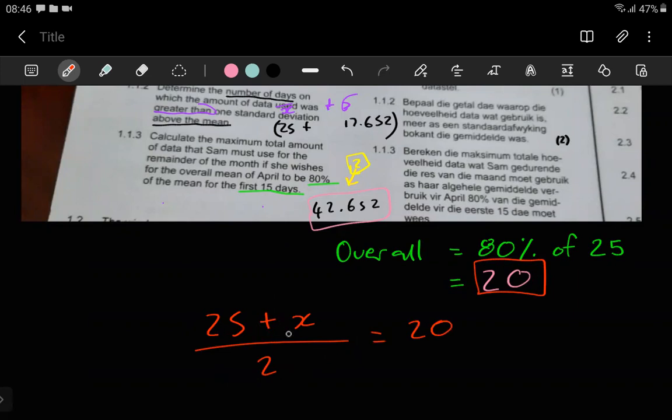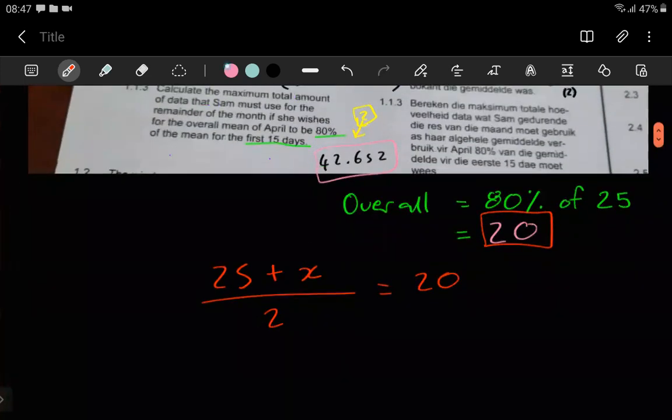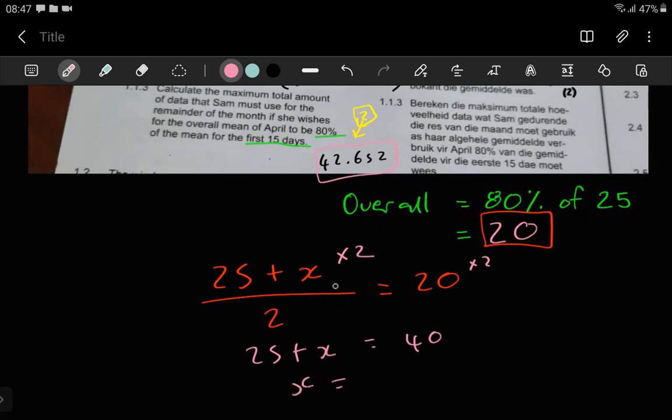If you're going to get an average of 20 after adding up these two numbers, you can first work out x. So this is going to be times 2, which is 40. This is 25 plus x. x is equal to 40 minus 25, that's 15.